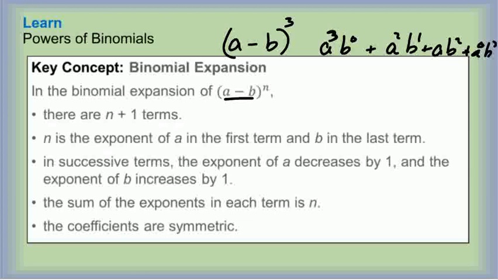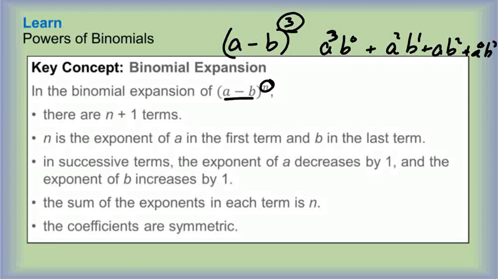All the exponents in each term have to add up to whatever n is. So if n right here is 3, all of the exponents have to add up to 3, which they do. The exponent on a is decreasing by 1, and the exponent on b is increasing by 1.